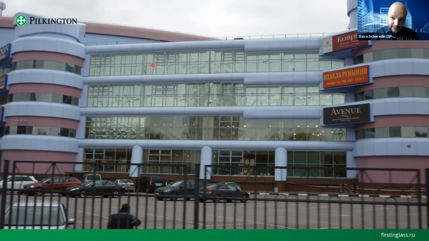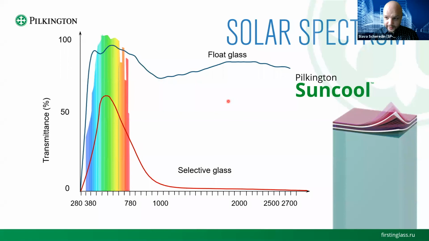And all of these things, this is the Grand shopping mall, Mebelny Center Grand in Moscow. The picture has been taken by me several years ago. And now it looks exactly similar. No changes. And all of this is happening because solar protection is clearly not enough, clearly inadequate.